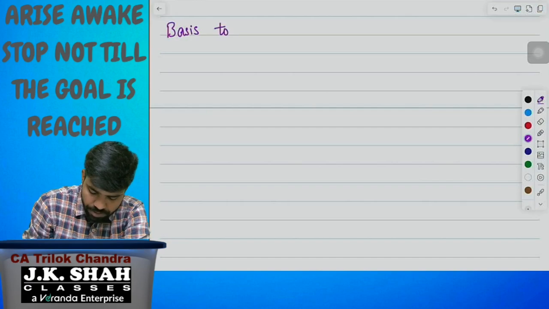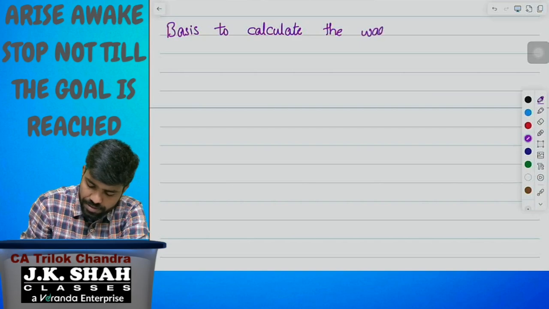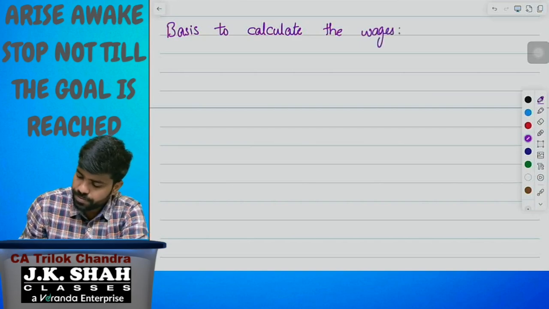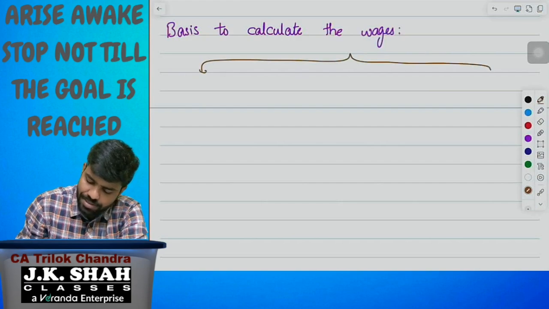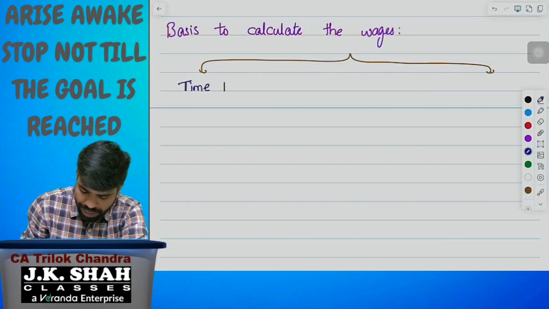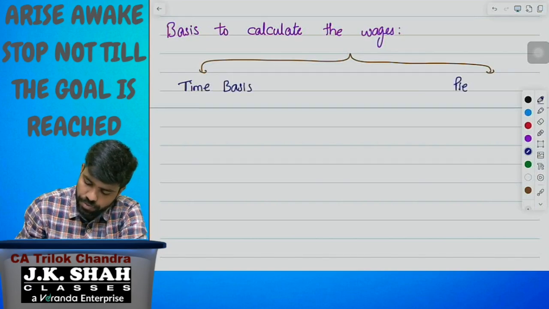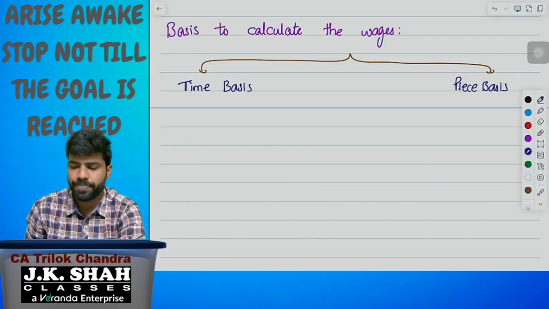Basis to calculate the wages. Please understand there are two bases. Number 1, time basis. Number 2, piece basis.